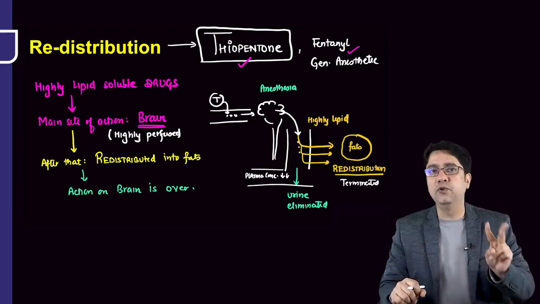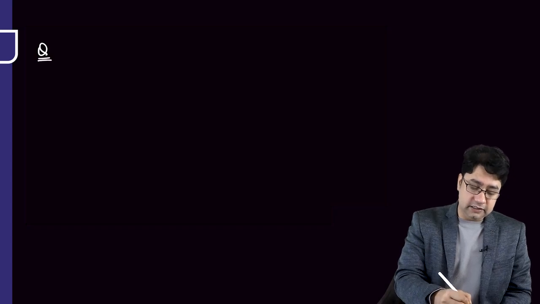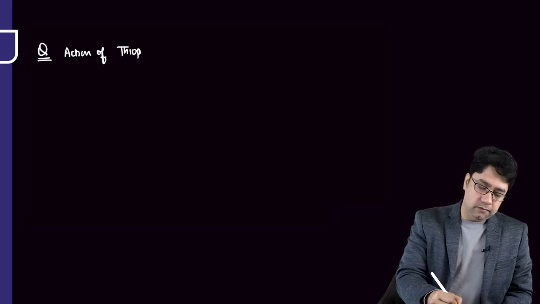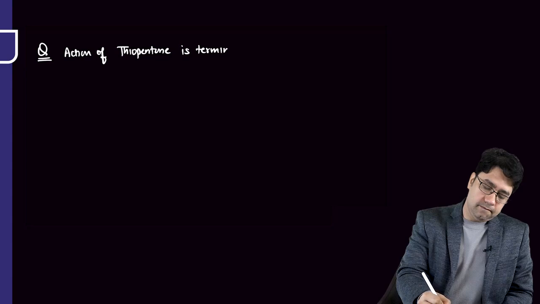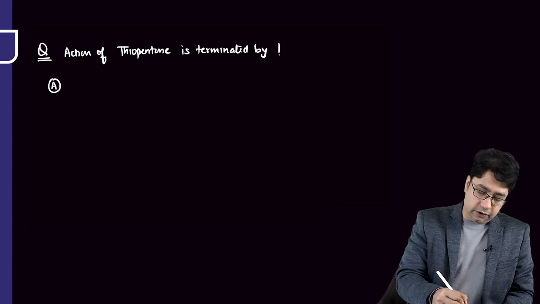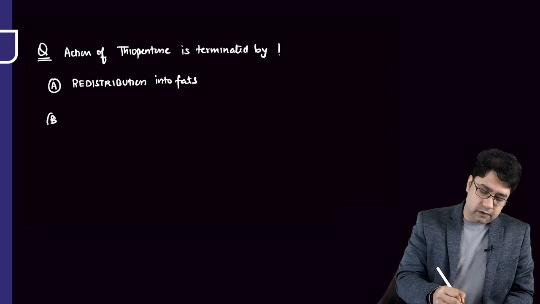So now you will find two questions on redistribution. First question, redistribution is seen with which drug? Thiopentone. Second question is, the action of thiopentone is terminated by A, redistribution into fats, or elimination into urine.